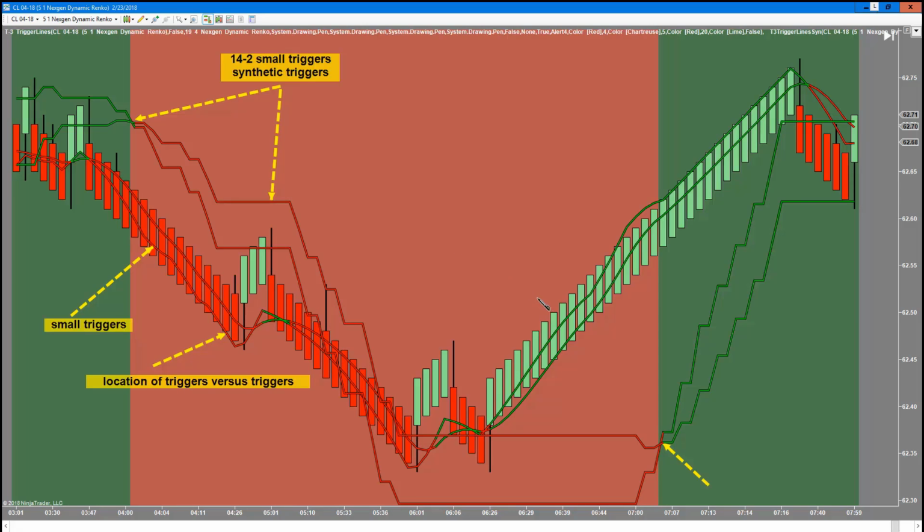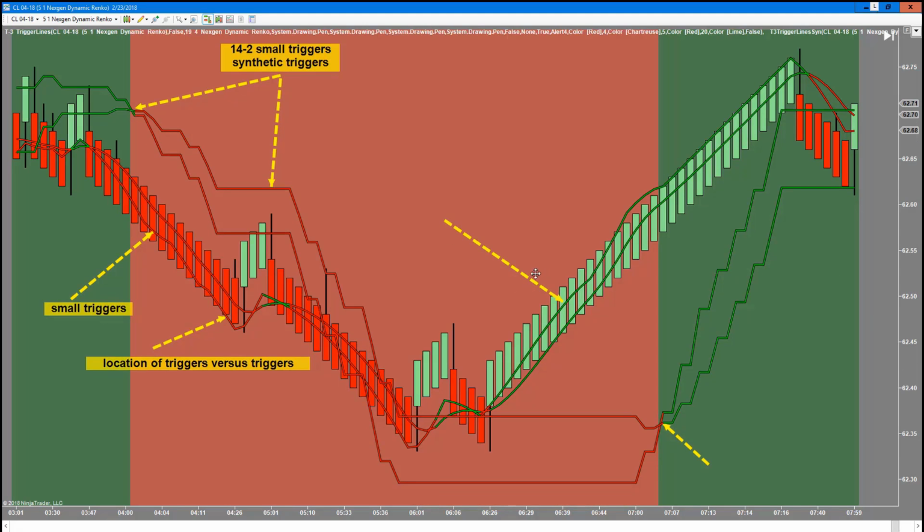Once our small triggers get on the opposite side of our synthetic triggers, we can still do shorts if the conditions are right, but if they're not right, say for example we came from Fibonacci support, then we would no longer do short trades, even though the triggers are on the wrong side.